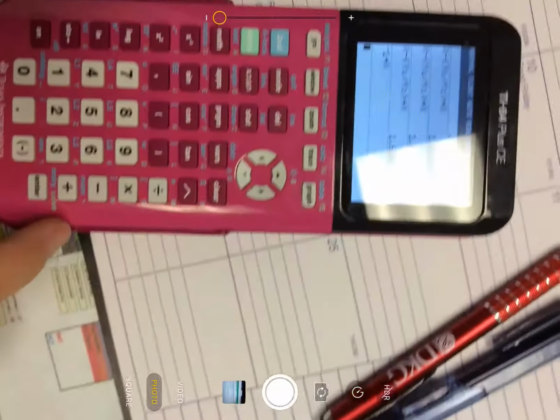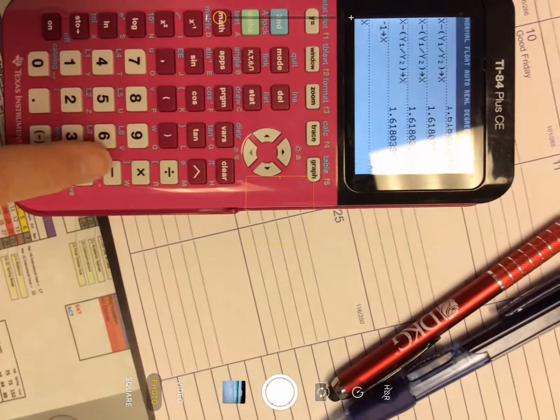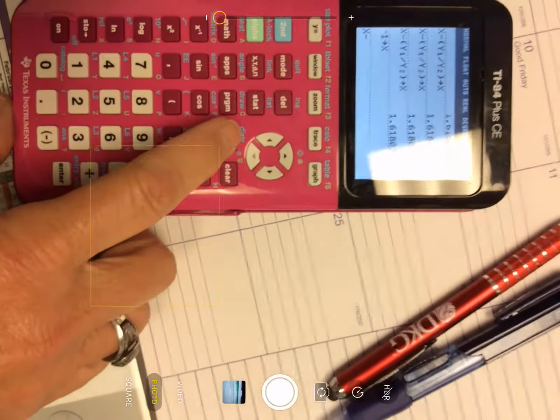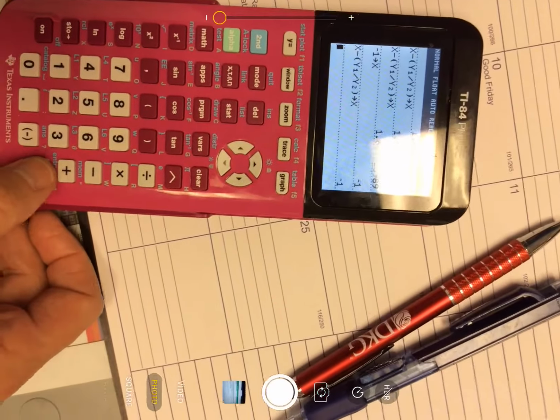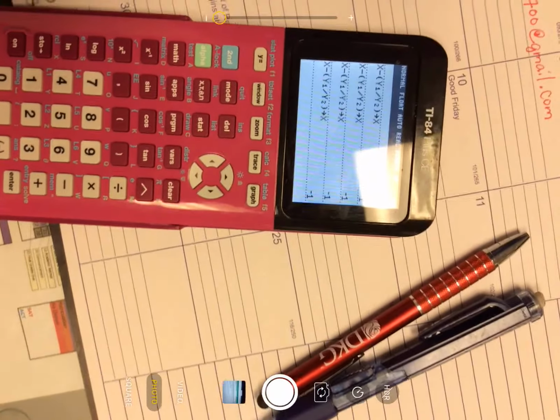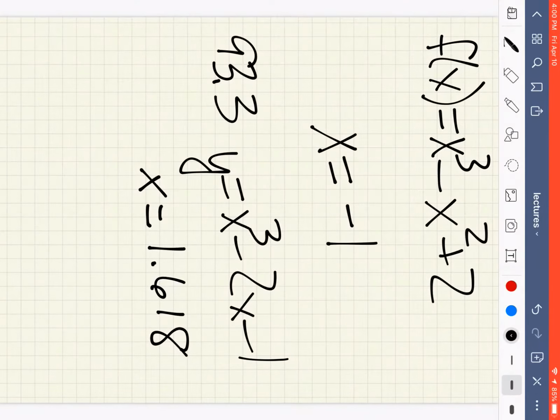Now I have to put it in again, so I have to go x minus parentheses vars, y vars, y1 divided by vars, y vars, down to y2, close the parentheses, store that in x. Now I get -1. Well, what do you know? That's another zero. So I'm going to go back here, say x equals -1. All right, let's go back and look at that graph.